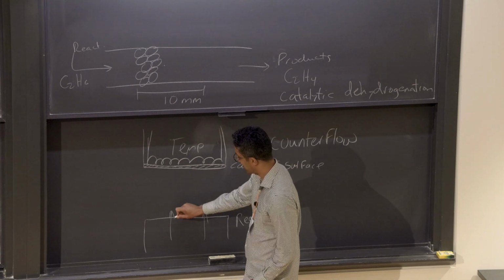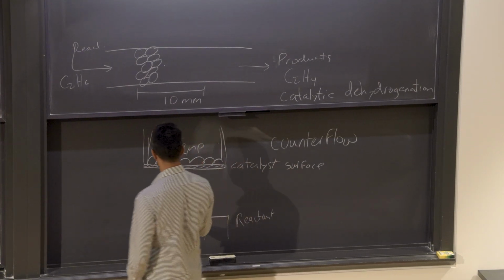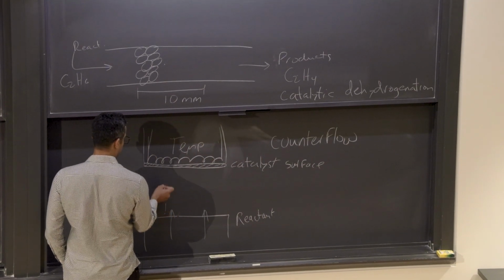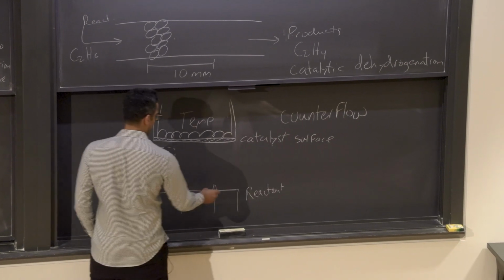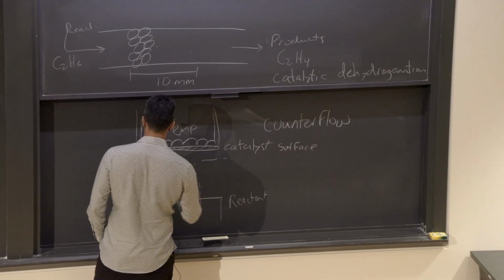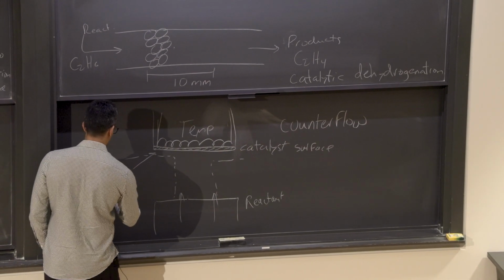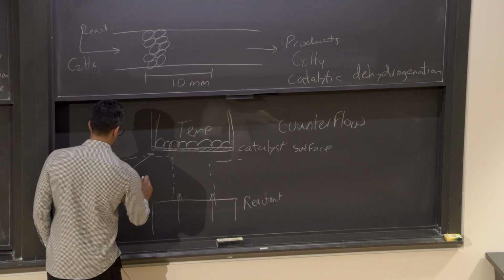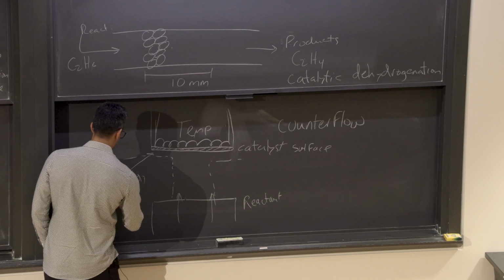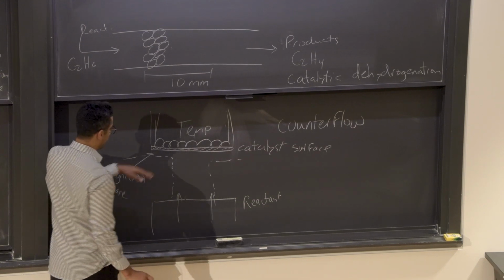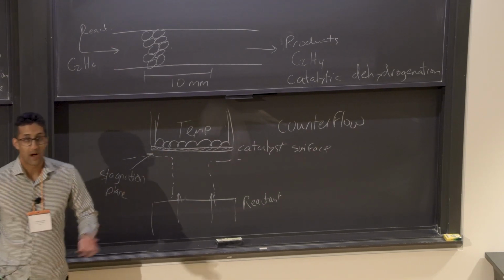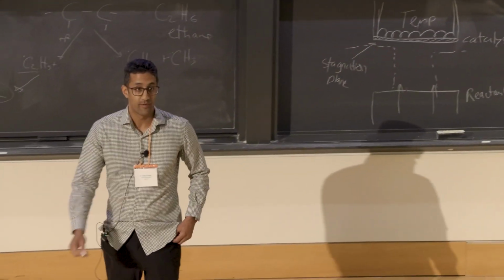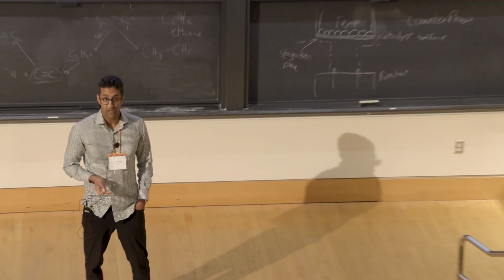And what happens, the gas enters here at the bottom, and it goes towards the surface, and it forms a stagnation plane. Just like in a counterflow, if you had two streams flowing together, you have a stagnation plane, or a stagnation regime of the gas as it comes to the surface. Why is that good? Because once you have a stagnation regime, then you know the boundary layer, right?